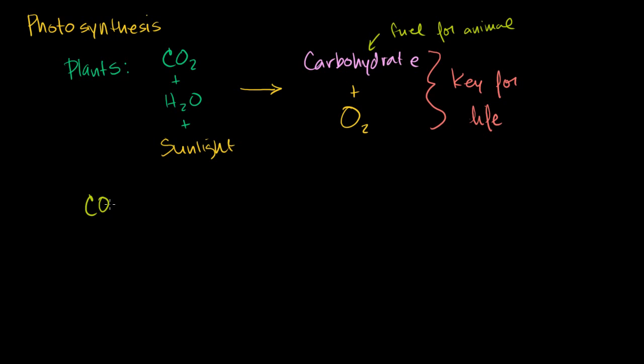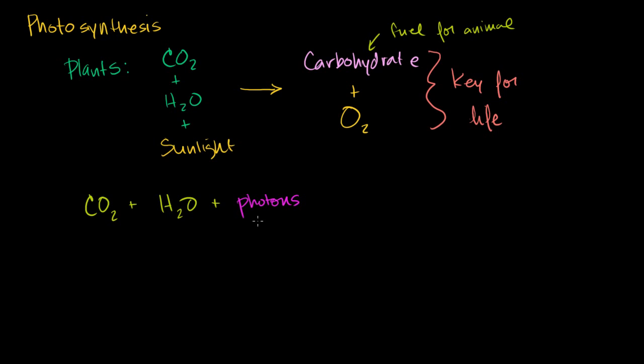You start off with some carbon dioxide. You add to that some water. And you add to that, instead of sunlight, I'm going to say photons, because these are what really do excite the electrons in the chlorophyll, and you'll see this process in more detail in the next few videos.